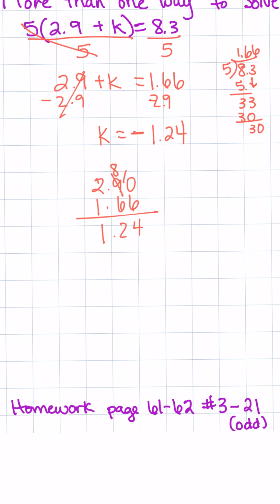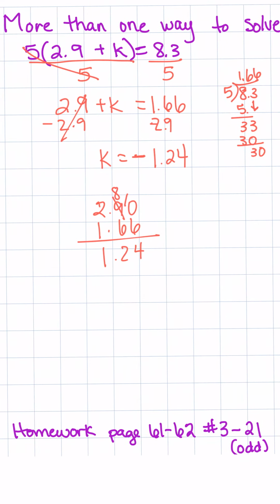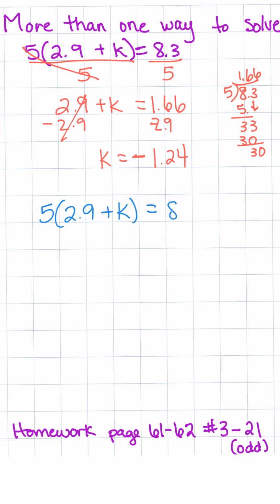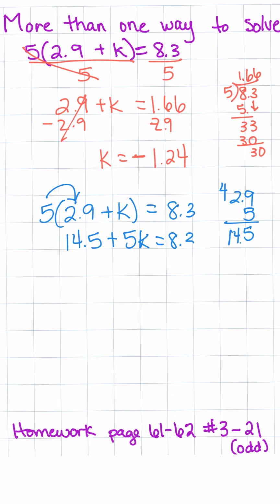But if we look at the other way to do it, if we were to distribute it, 5 times 2.9 is 14.5, plus 5k equals 8.3.